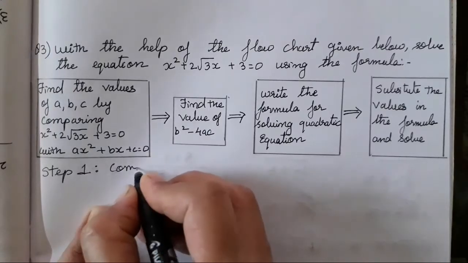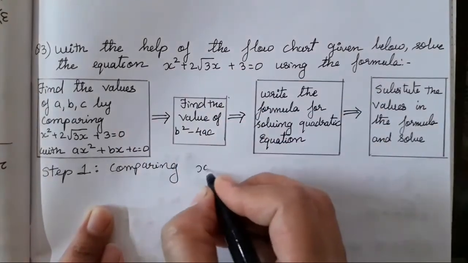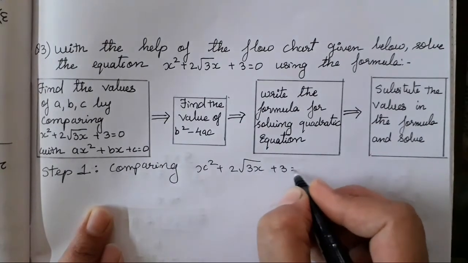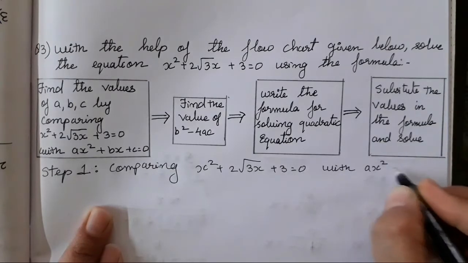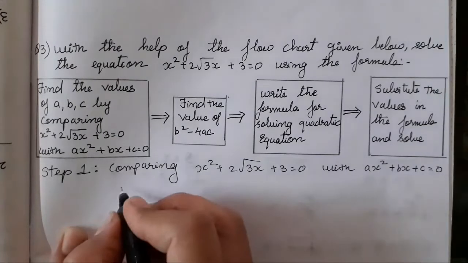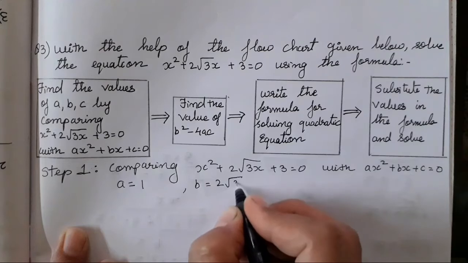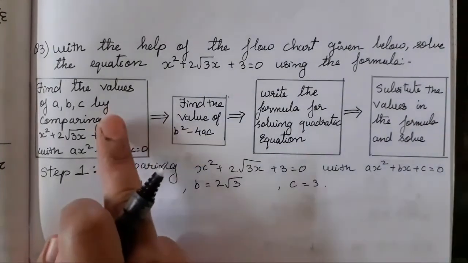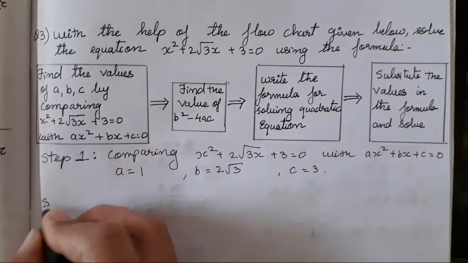So first step is comparing. Okay, so we have to compare this equation, x square plus 2 root 3x plus 3 is equal to 0, with ax square plus bx plus c is equal to 0. So a is 1, b is 2 root 3, c is 3. Okay, so this we have solved. Now step 2.